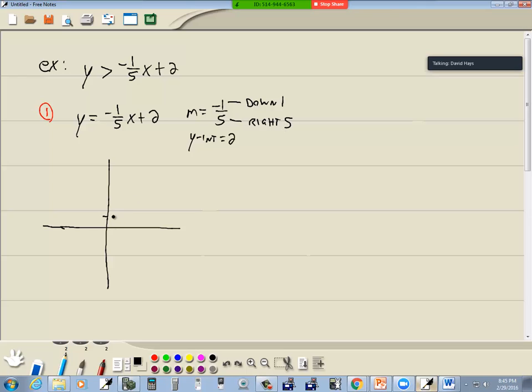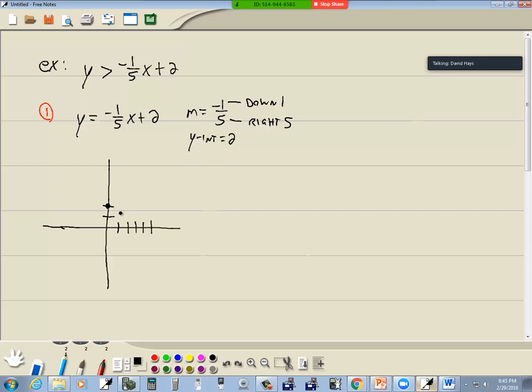So for my y-intercept, it's at 2, so I'll put a point at it. Then I'm going to go down 1, right 5. When I'm graphing these, oftentimes I don't put my tick marks everywhere, I just put the ones I need, and that really helps me to eyeball where it should be.